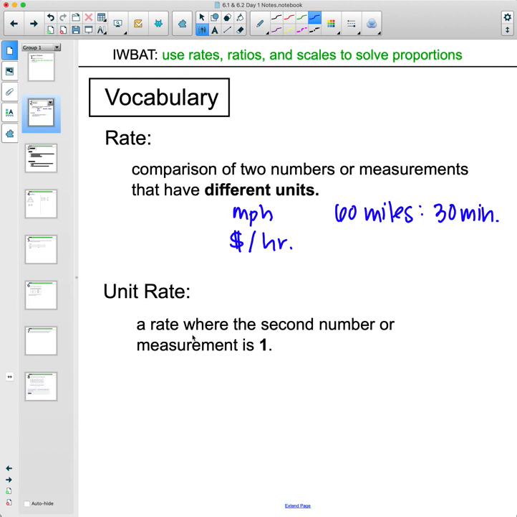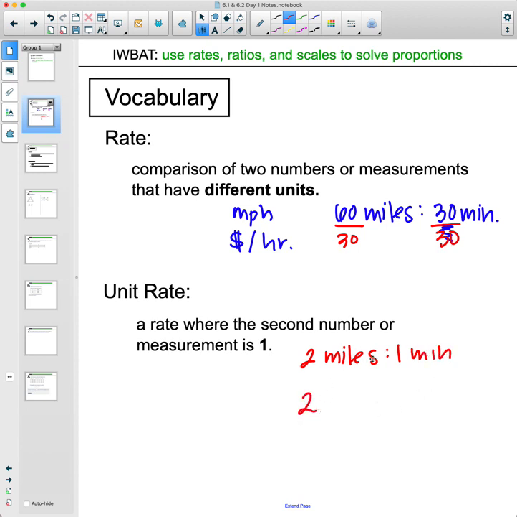Then a unit rate is when the second number is equal to 1. If we wanted to convert this to a unit rate, we would need this 30 to be down to 1, so we divide both of these numbers by 30. Then we get 2 miles per 1 minute, which would be really fast, right?